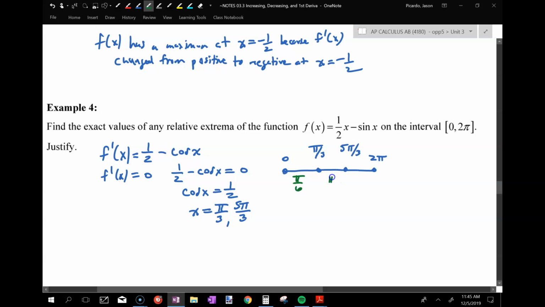Pi. 3 pi over 3. And then how about, can we do 7 pi over 6? Or no, that's too much. 5 pi over 6. No, 11 pi over 6. There we go. 11 pi over 6.